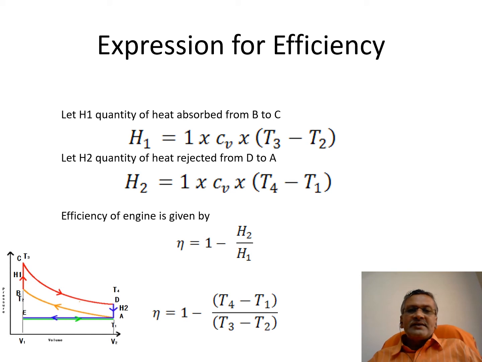Now the efficiency of our Otto cycle. Let H1 be the quantity of heat absorbed from B to C. This process is at constant volume, therefore it is CV, the specific heat at constant volume, and we are considering 1 kg of mass of substance, and temperature rises from T2 to T3.